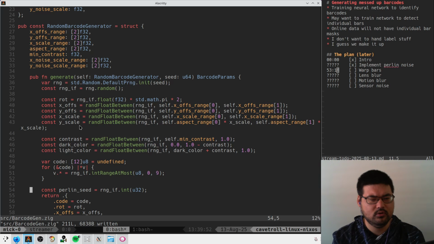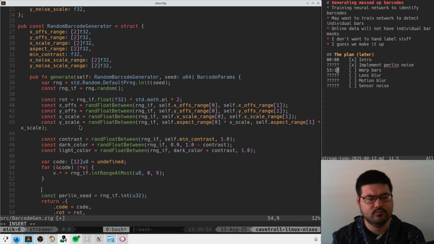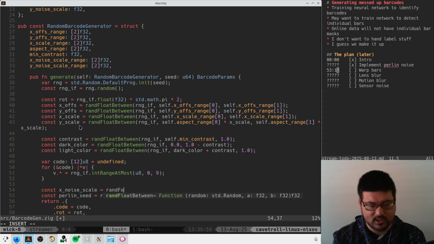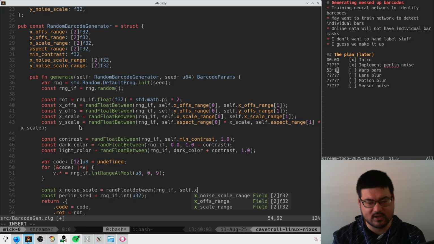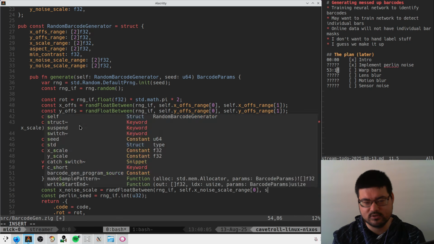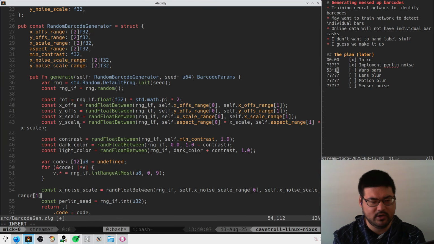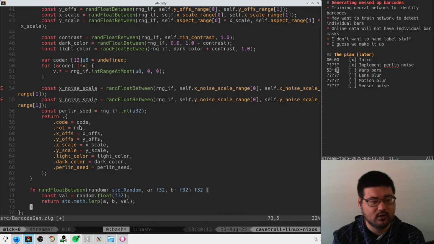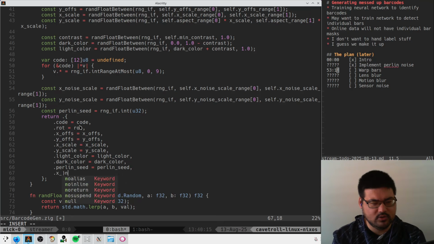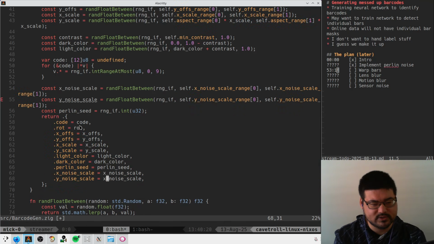Cool. So rand float between self X noise scale range 0, self X noise scale range 1, and just add some Y's on here. X noise scale goes here, and Y noise scale goes here.